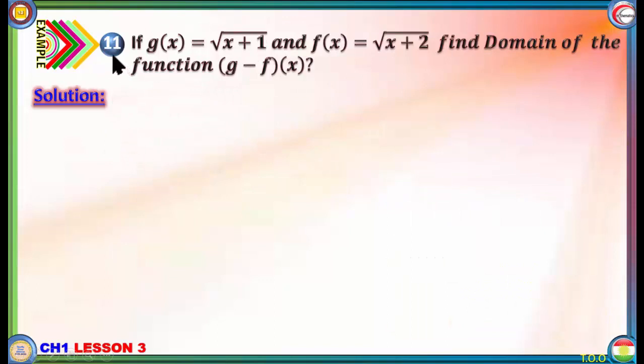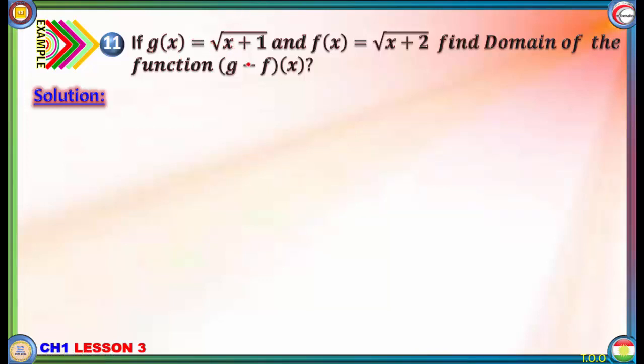Example number 11. If g(x) equals the square root of x plus 1 and f(x) equals the square root of x plus 2, find the domain of the function g minus f(x). First of all, let us find the domain of each of f(x) and g(x).